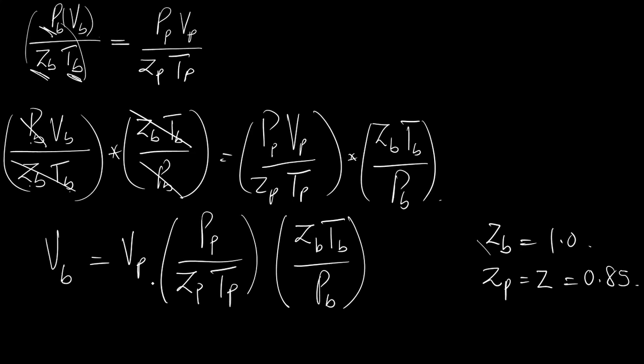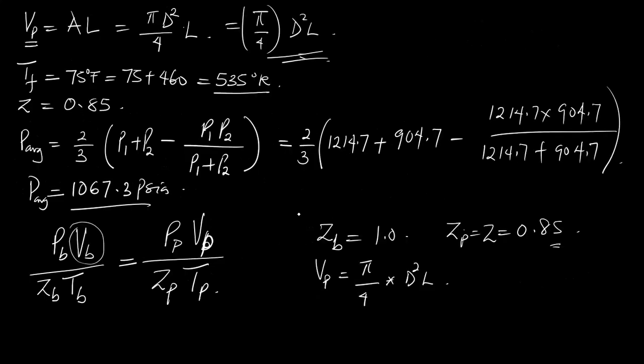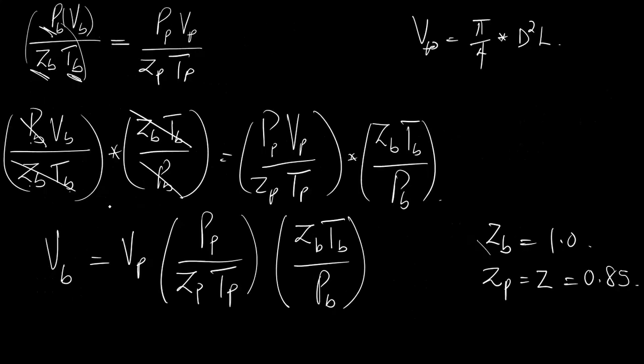Now we are also going to replace VP to be equal to pi divided by 4 times d square L. Now let's go back. See, VB is 6. Now so we're going to replace this with this.